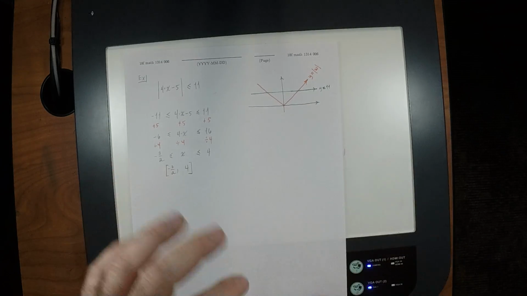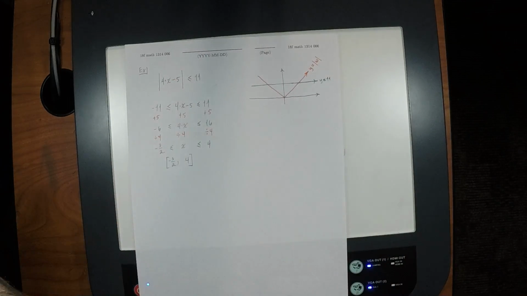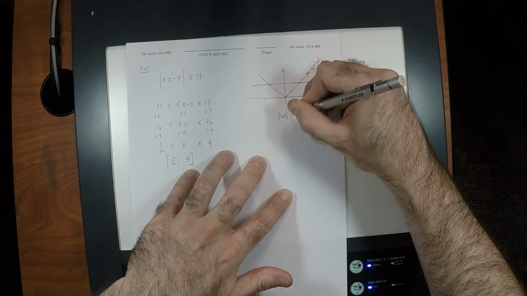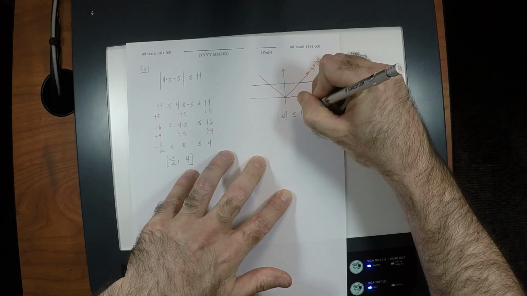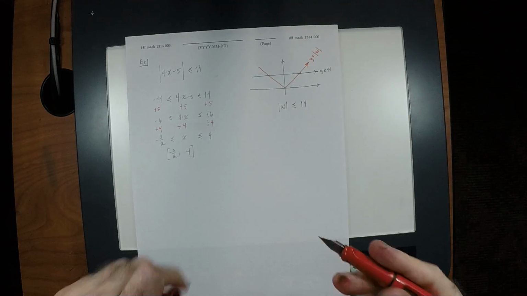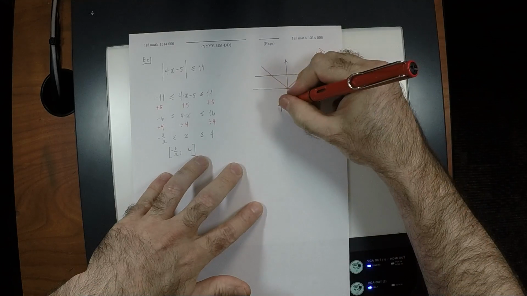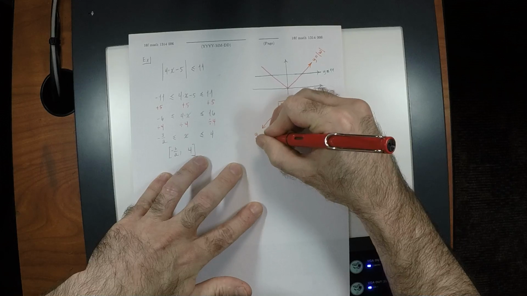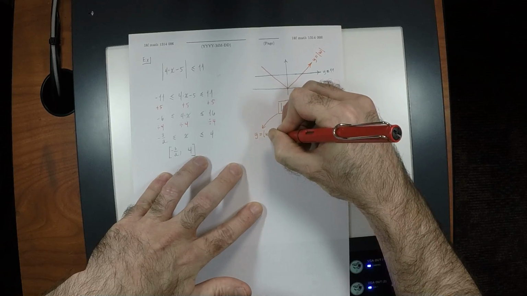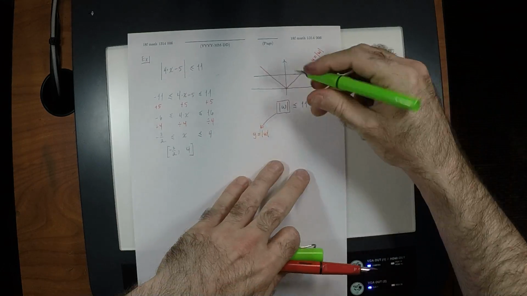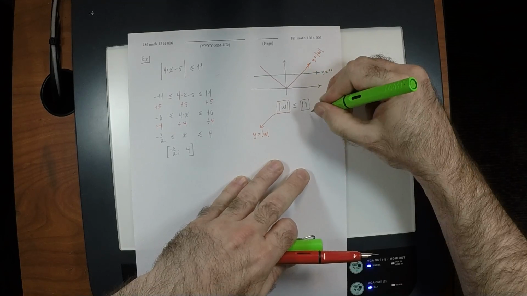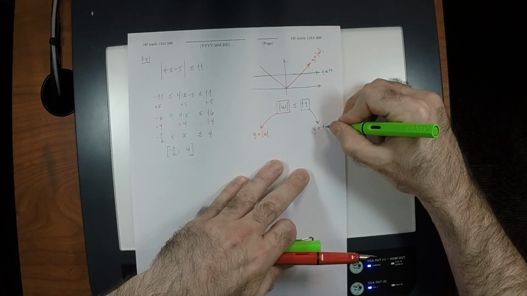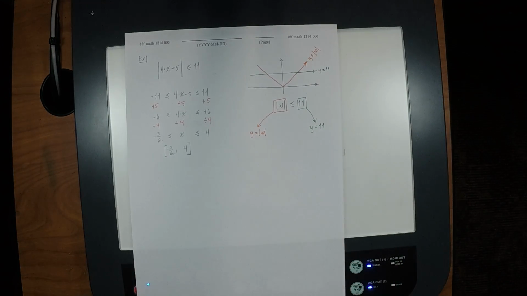But now what I want you to see is that reading this and interpreting that, if the inequality looks like this, and if we split it like this, then here's the deal.